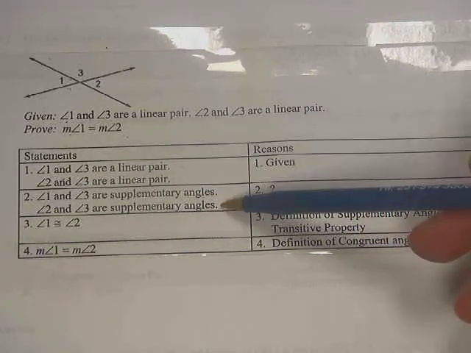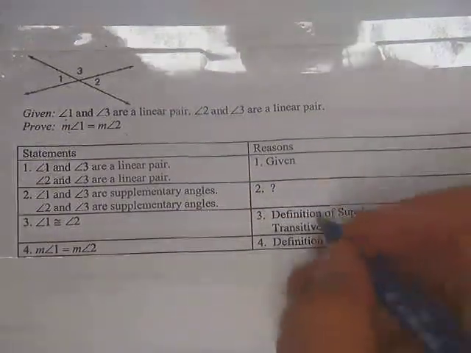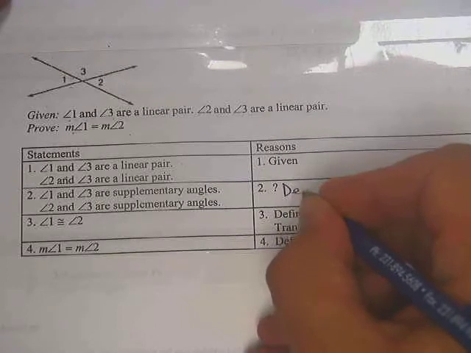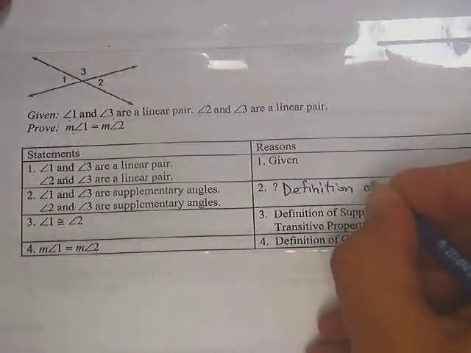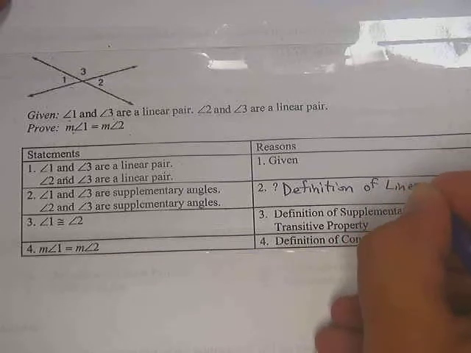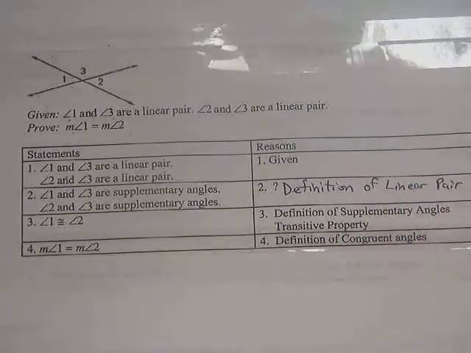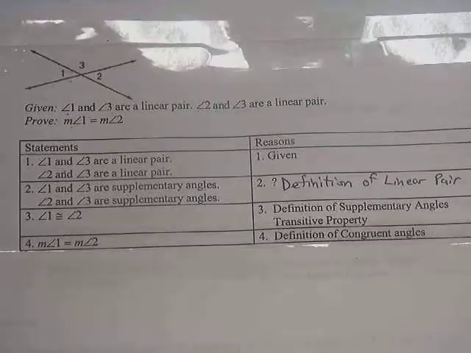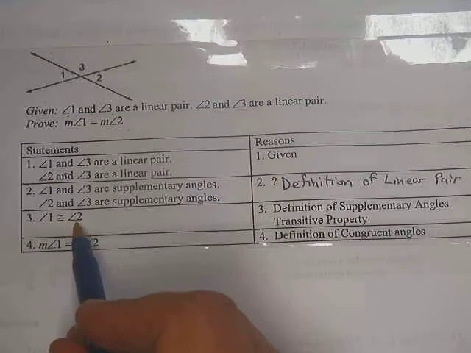Well, I want to bring you back to yesterday's learning target. When you had yesterday's learning target, we said that all linear pairs add up to 180, right? They're all supplementary. So the reason could be a definition, right? So I could say it's a definition of linear pair.